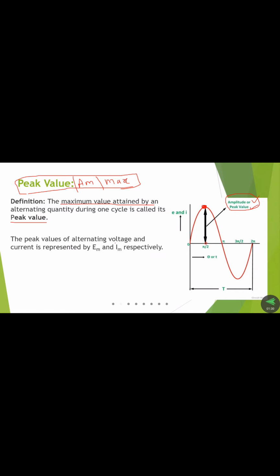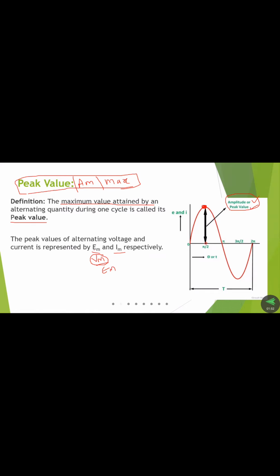The peak value of alternating voltage and current is represented by Pm, Im or Vm. Instead of Pm, we can write Vm. Im is generally represented for the current. But in most cases, since V is represented in DC, in AC it is represented with the E value.